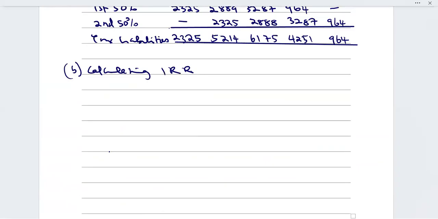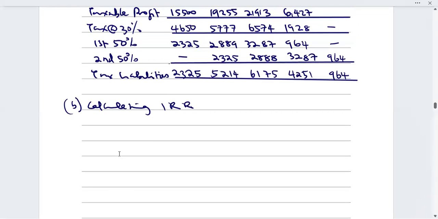Whenever you want to compute internal rate of return, you are expected to assume 2 discount rates that will produce 2 opposing NPVs. One discount rate will give you a positive NPV, the second discount rate will give you a negative NPV. Then you interpolate into the IRR formula. That's all you need to do.